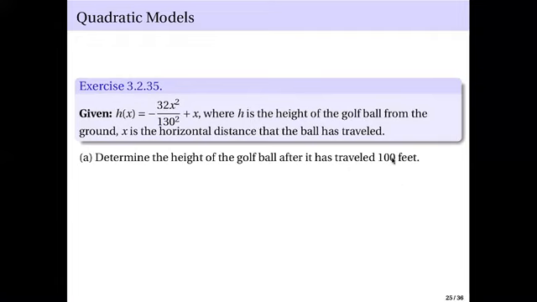So roughly, if this is the ground, this is the starting point of the golf ball. It's somewhat like this. If this point is your 100 feet, and we are asked to find the height, we will be looking for this point here.